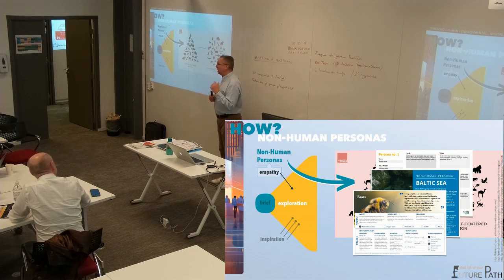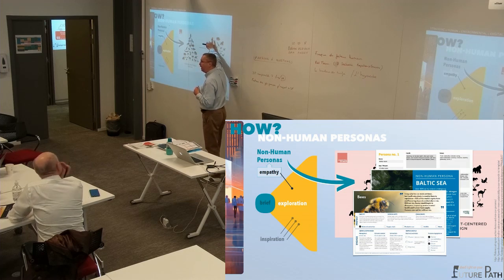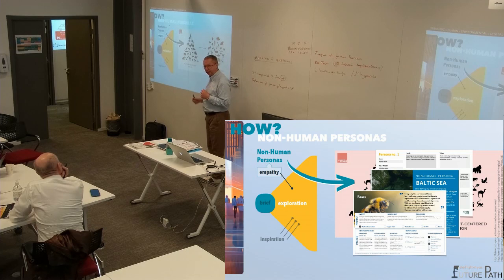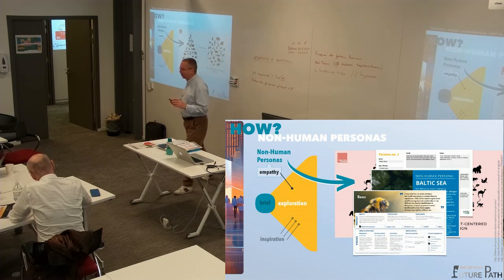So why should I have a persona just for humans and not for other, non-living elements? Okay? Of course, it's going to be very difficult to lead an interview with a tree. I mean, I don't know what could be the conversation, but unless you are working in Avatar, voilà. Maybe, okay.